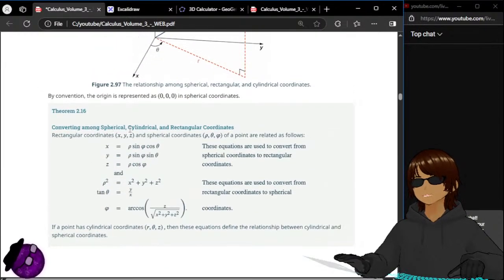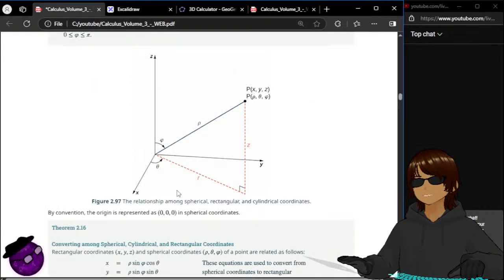So converting among spherical, cylindrical, and rectangular coordinates. Point x over here is defined by r cos theta. But wait, we would also need, hold on, r is rho sin phi.